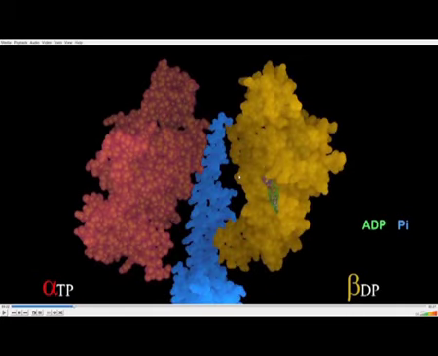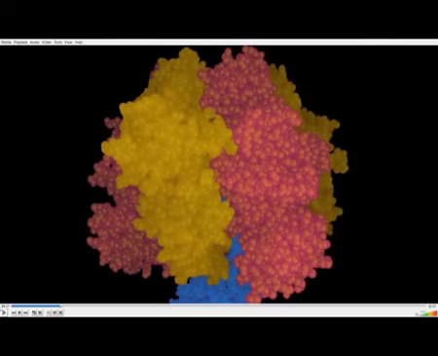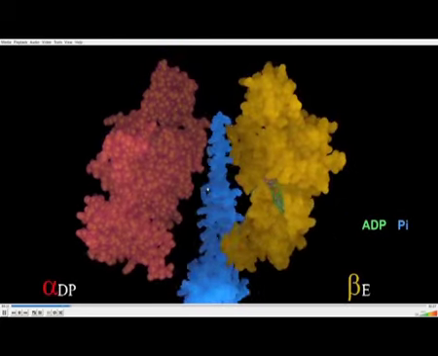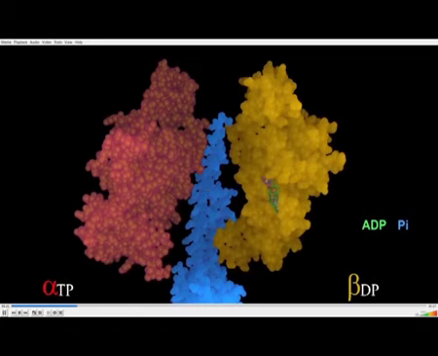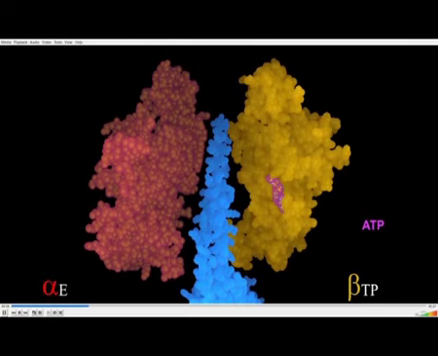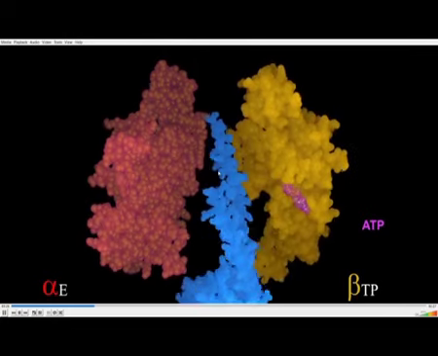Now what you see is the 3 different conformations of the beta chain. This is the open conformation, and in the open conformation the molecules are not bound.